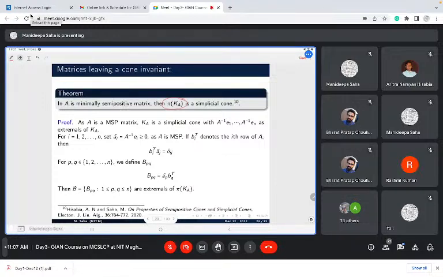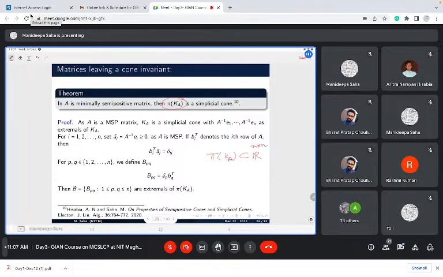So there is a proof here. Simplicial cone means that if A is an n cross n matrix, then this is a subset of R^n, and it has n extremals. And what are those extremals?